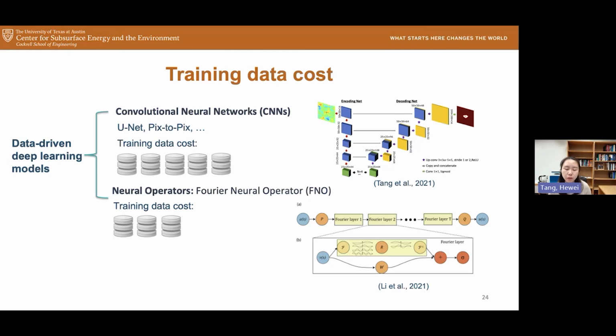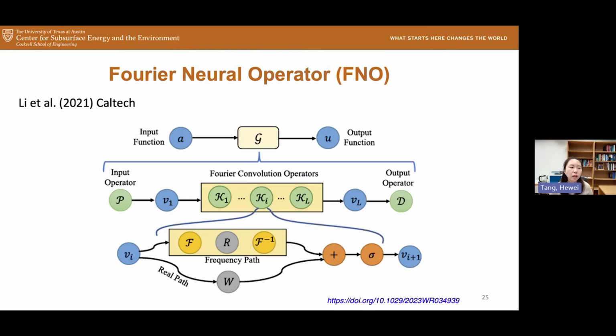One of the most popular neural operators in the literature is the Fourier neural operator. This neural network structure was proposed by a Caltech team in 2021. The key idea is to map the input function to the output function through these Fourier convolution operators.